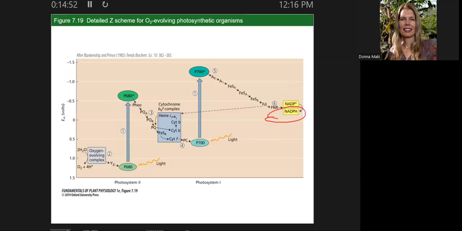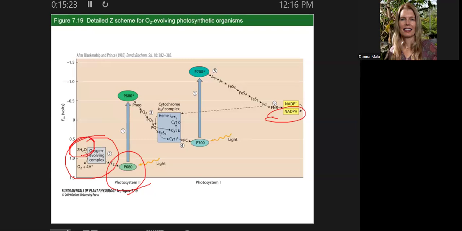And then if you go all the way back to the very beginning with photosystem 2, one of the things they're trying to imply here is that you have this very special oxygen evolving complex, they call it. It's part of the photosystem 2, but it's a very special region of photosystem 2 that allows some of that energy from being absorbed by sunlight energy, allows for the splitting or stripping off of electrons off of water.